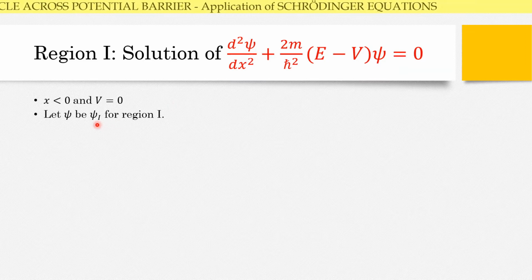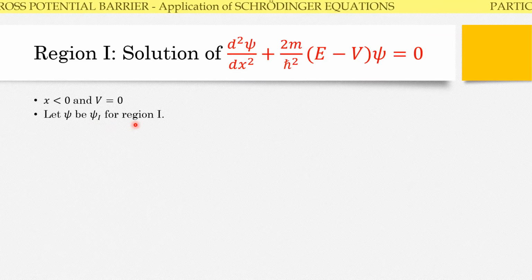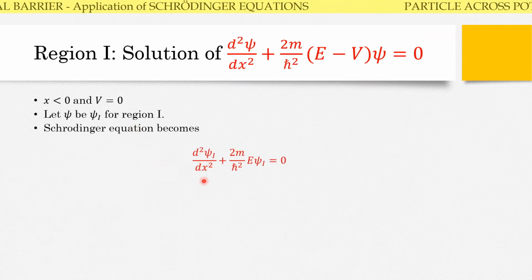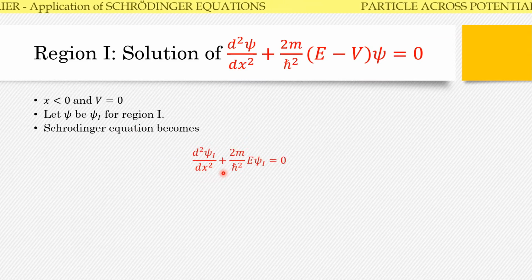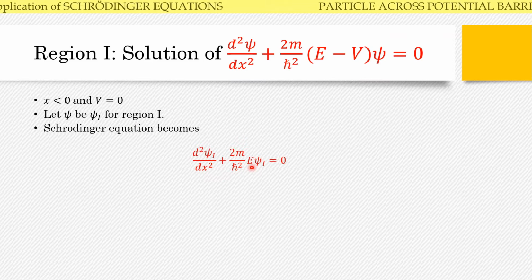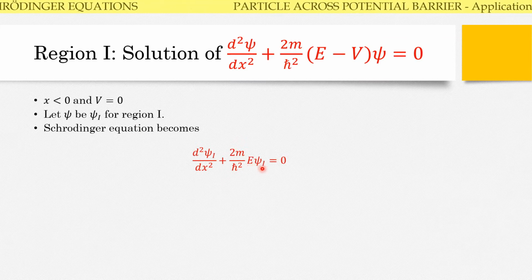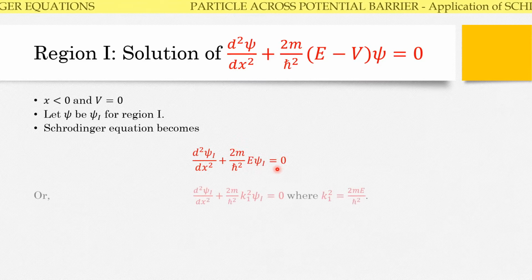So psi 1 is the wave function for the region 1. Now the equation becomes d square psi 1 over dx square plus 2m over h cross square. As V is 0, we are left with E psi 1 equal to 0.